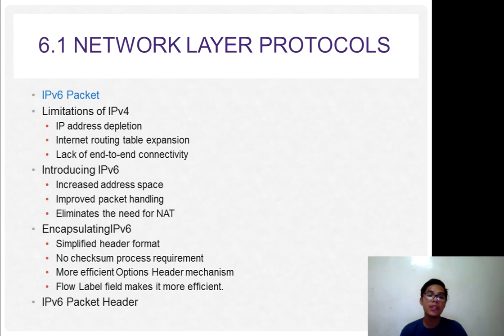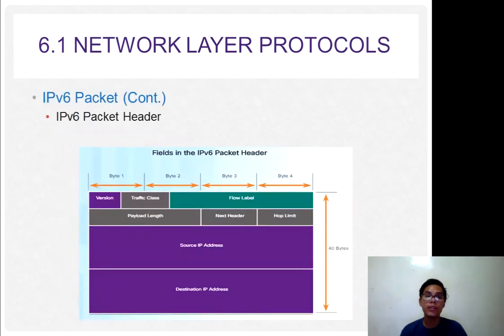Encapsulating IPv6: simplified header format, no checksum process requirement, and more efficient options. Header mechanism: the flow label field makes it more efficient. This is the IPv6 packet header.